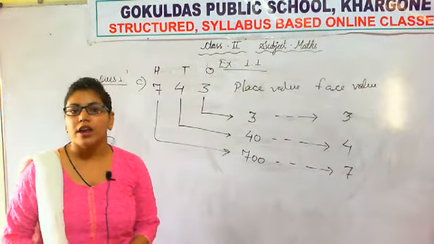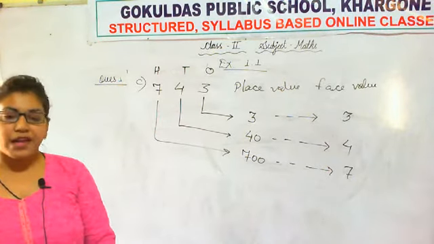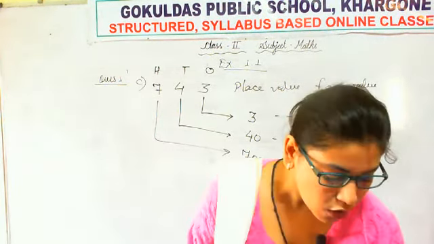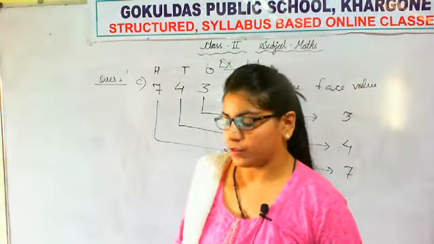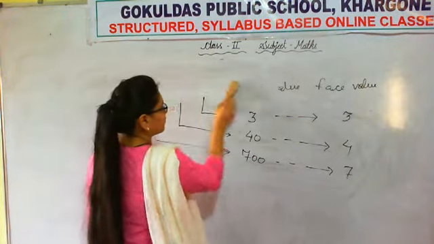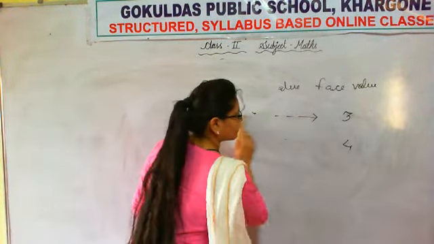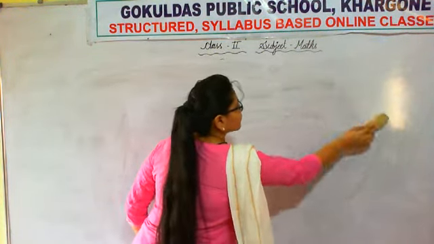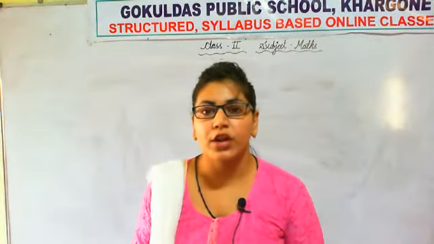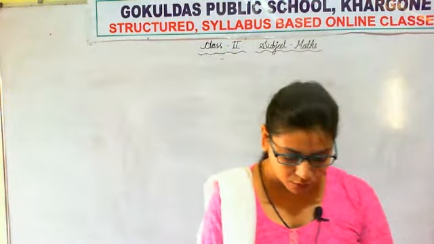Now I hope you all understood face value and place value. So now you can do part D on your own. If you have any doubt, you can rewatch this video and understand face value and place value.